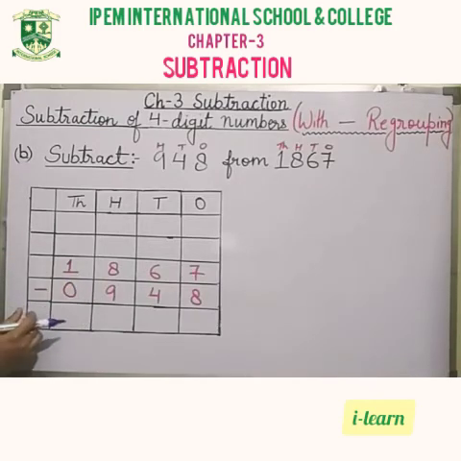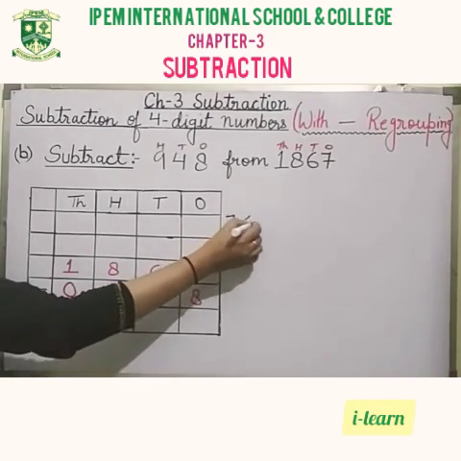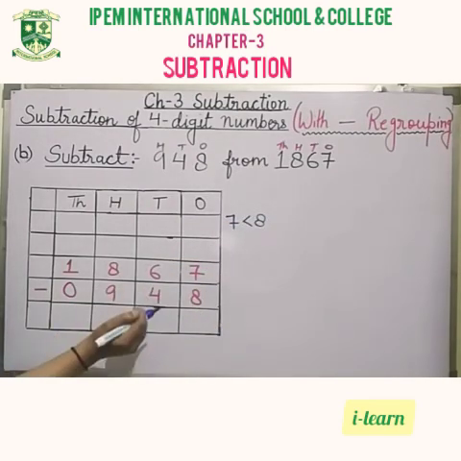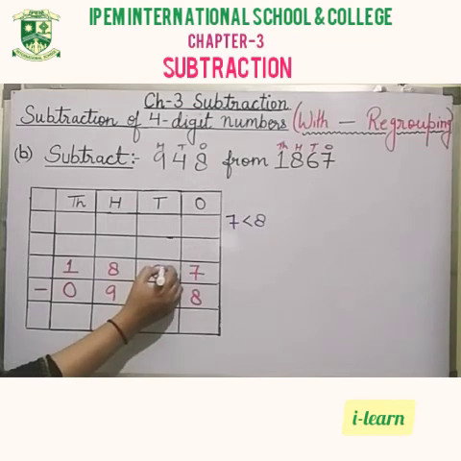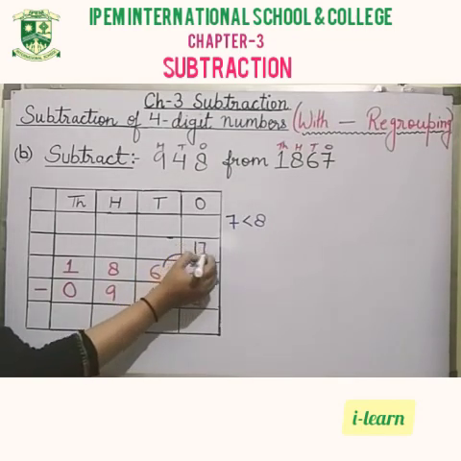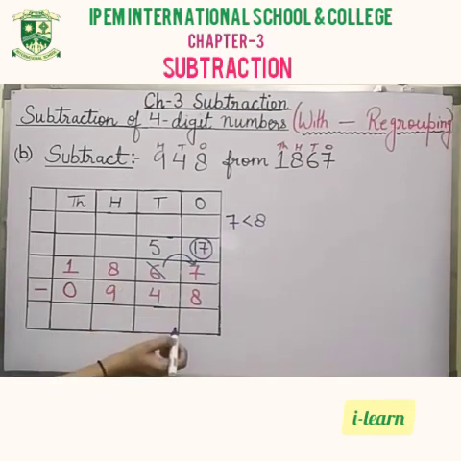Now start doing subtraction from ones column. 7 minus 8. As you know, 7 is less than 8. So we can't subtract 8 from 7. What we have to do then? We will borrow one number from this 6. And this 7 will become 17. And this 6 will become 5. So 17 minus 8.